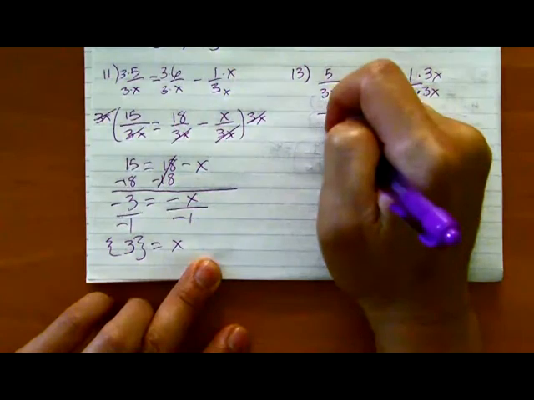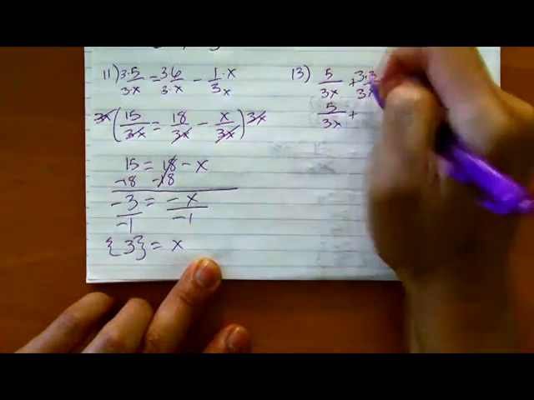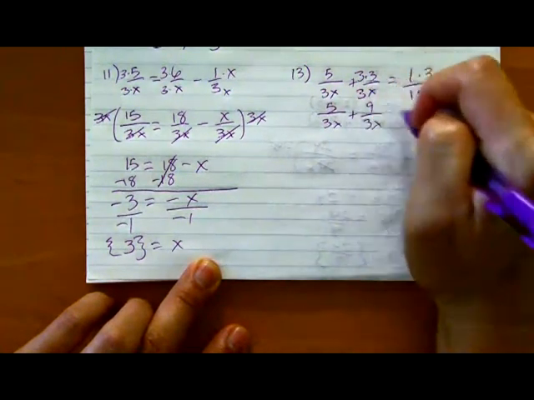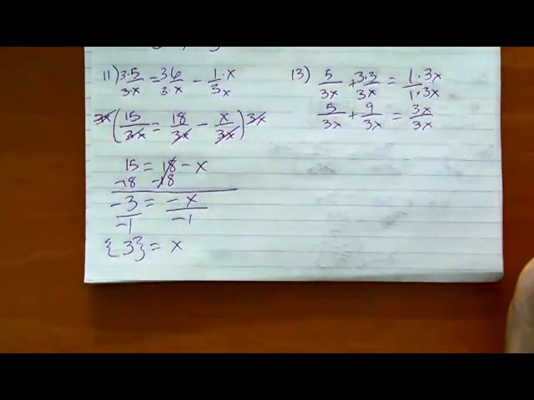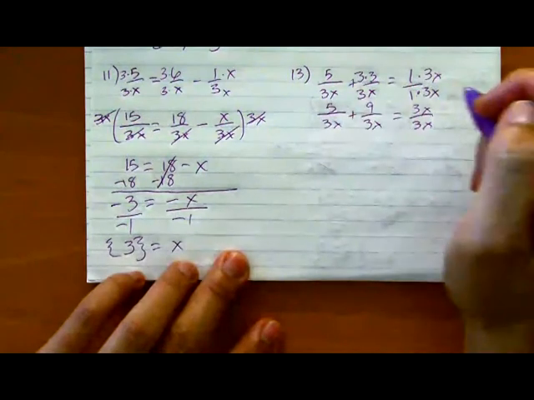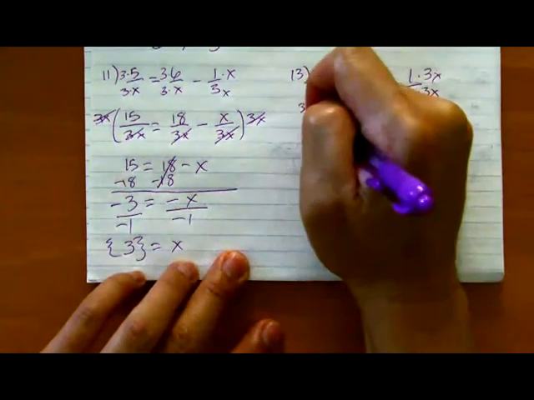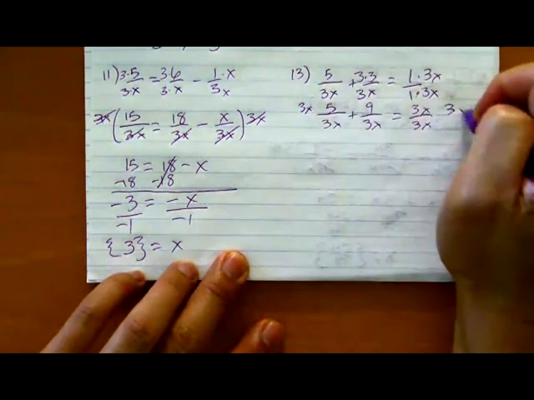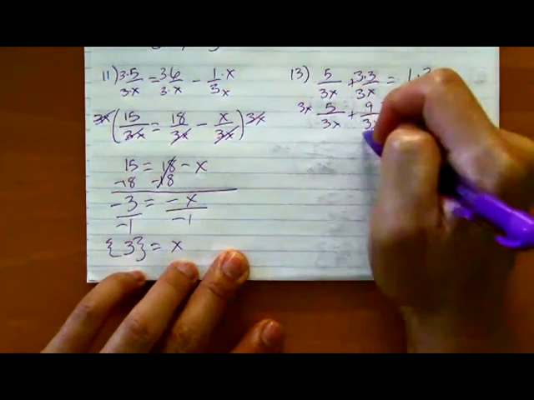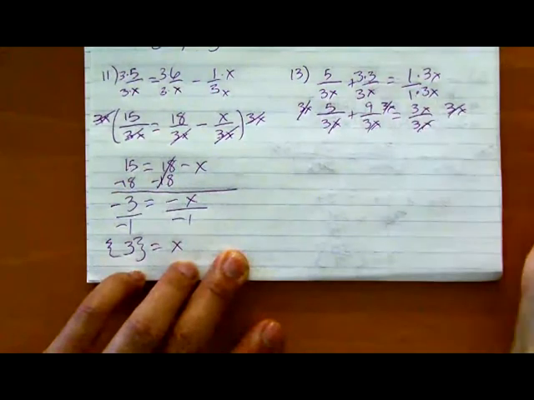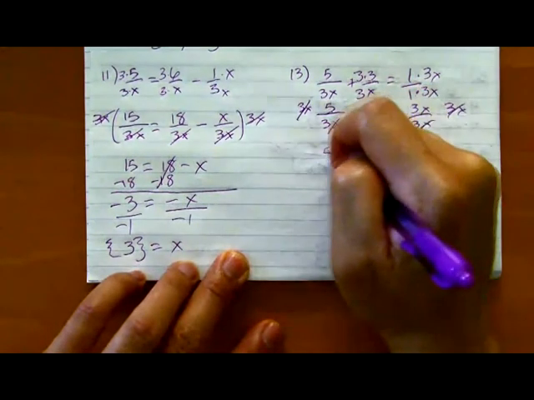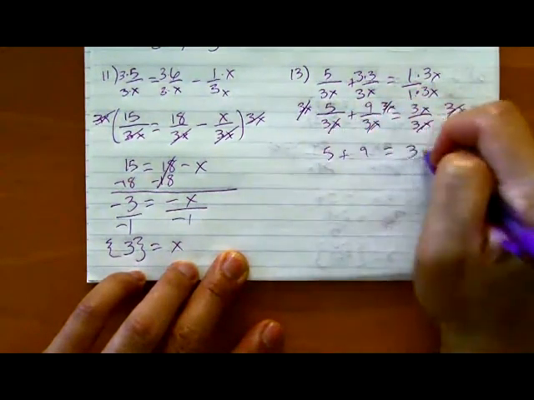5 over 3x plus 9 over 3x equals 3x over 3x. If we multiply everything on both sides by 3x, it cancels the denominators. 5 plus 9 equals 3x.